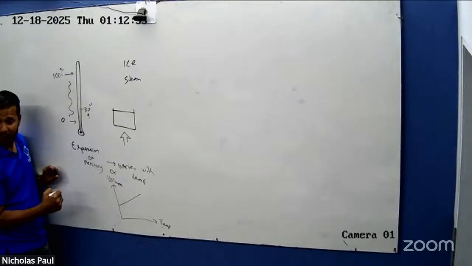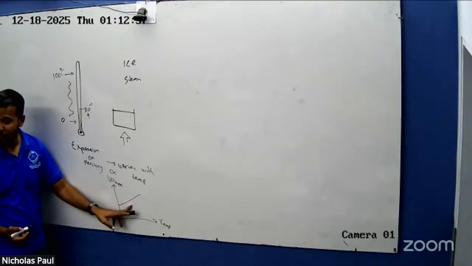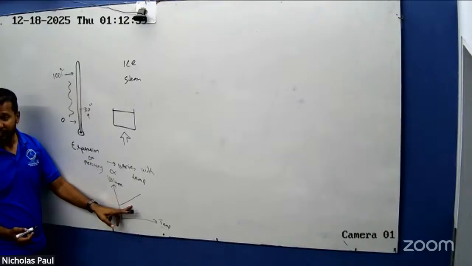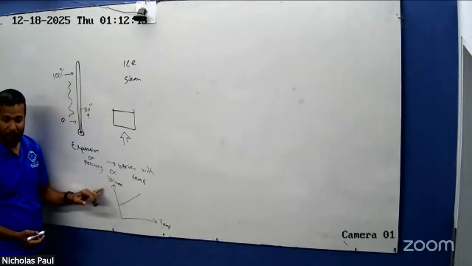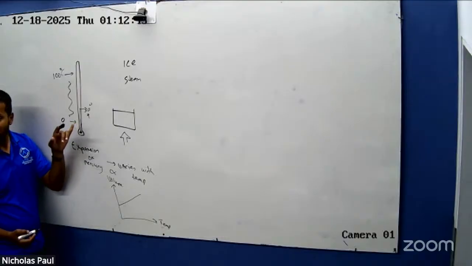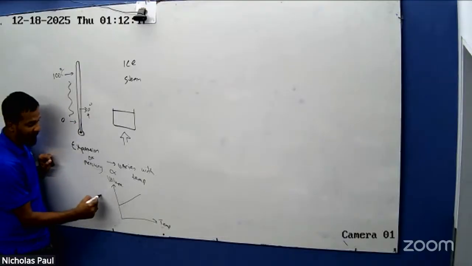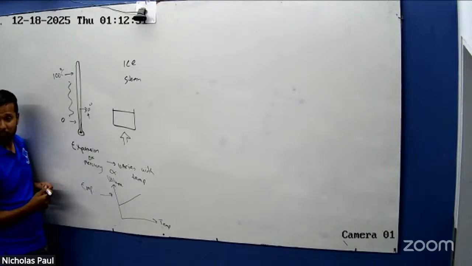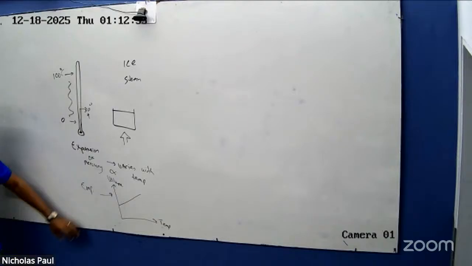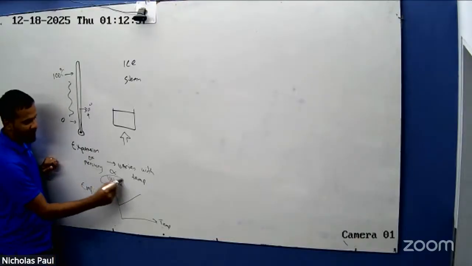So if I want, I could create an equation that allows me to find temperature based on the volume. That formula that we're going to develop is called the empirical formula. We're going to use the empirical formula for any thermometric property.